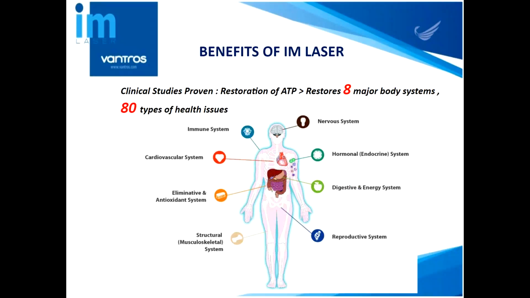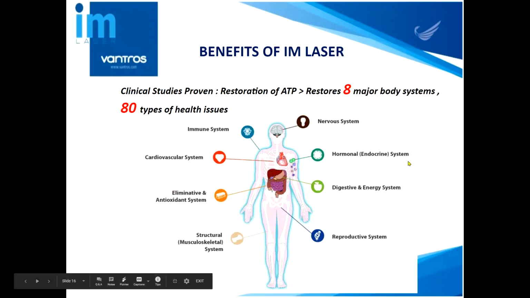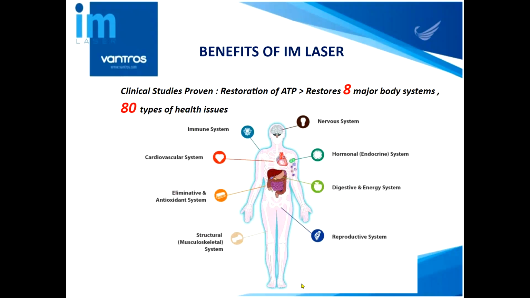Okay. Clinical study has proven that by using IM laser, the first thing is the restoration of the ATP, and it helps us to restore 8 major body systems: our immune system, cardiovascular system, antioxidant system, structural, reproductive, digestive, and energy system, hormone, endocrine system, and also our nervous system.